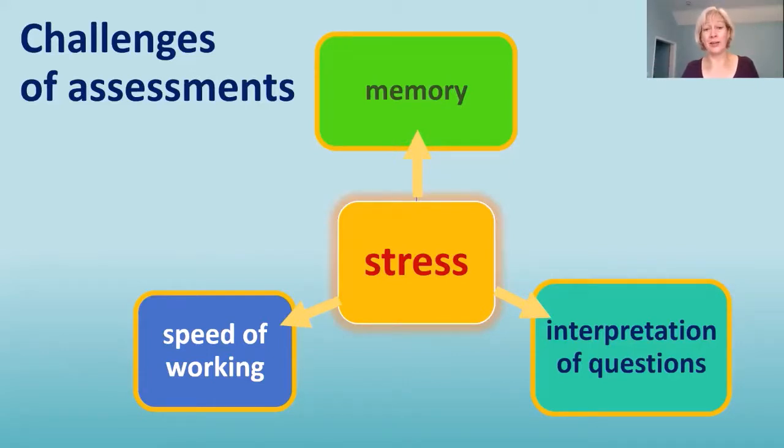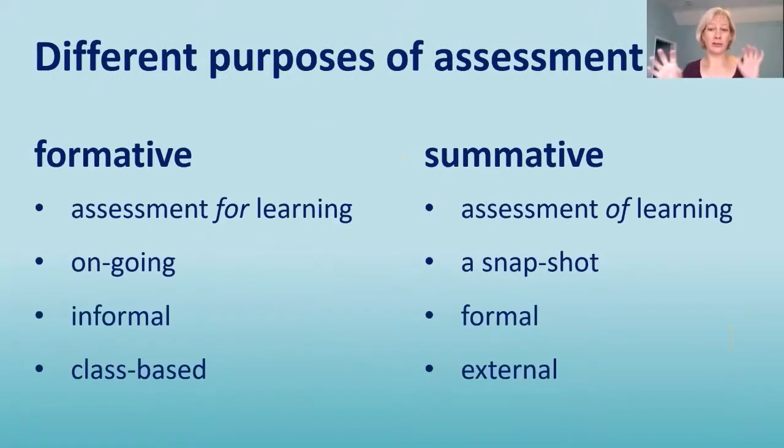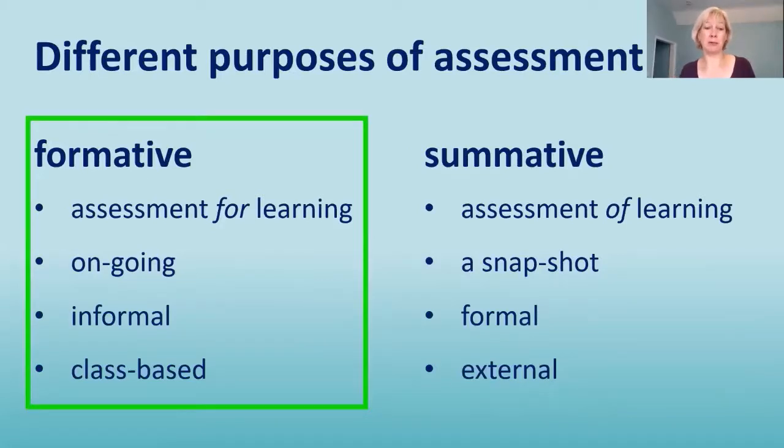So stress exacerbates all of these challenges for students, particularly neurodiverse students, but for all students. So stress is something that we really need to take into account in terms of helping students with the assessment process and in terms of making assessment more inclusive. So let's go back to these two different purposes of assessment and think first of all about formative assessment.